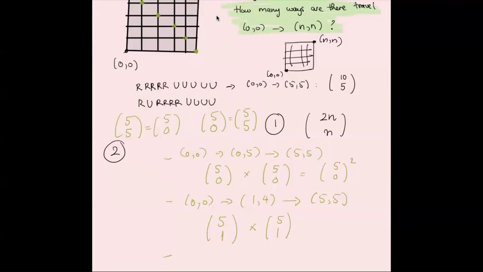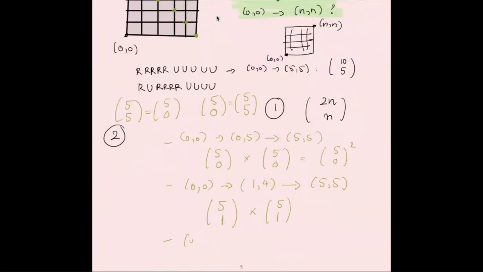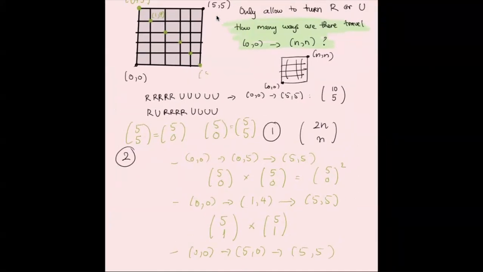And then the last one, if you do that for every case on the diagonal like this, you will reach the last one: 0, 0, go to 5, 0, and then go to 5, 5. This is the point 5, 0. Going from 0, 0 to 5, 0, I have to perform 5 steps.